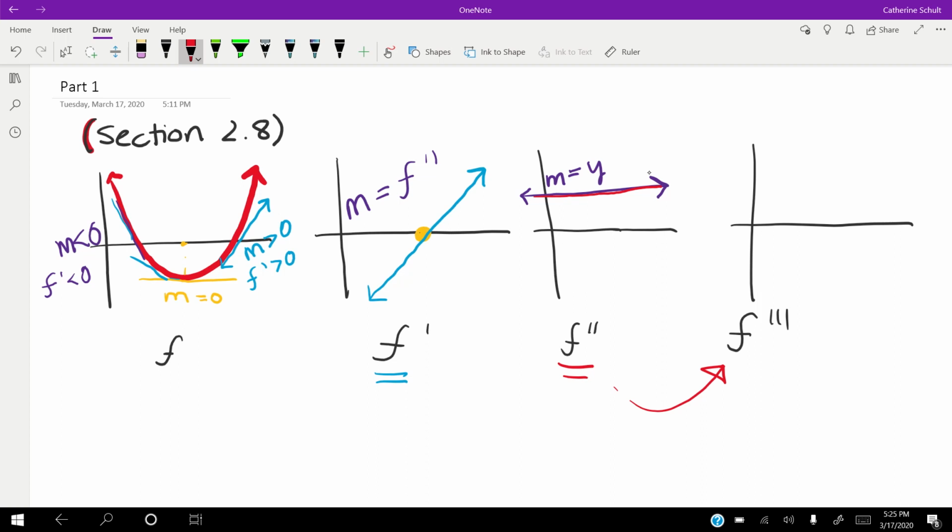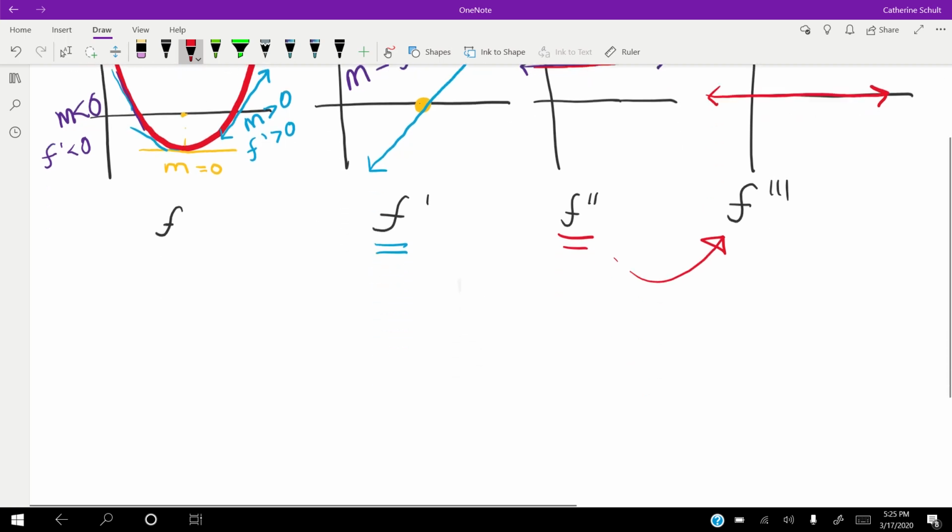Right? So the slope of this line is 0. So that means over yonder, that's going to be our third derivative. It's going to be at the 0. Okay. So there you have it. So if we know how to draw the graph of a first derivative, we can draw the graph in a similar way for the second and the third derivative.